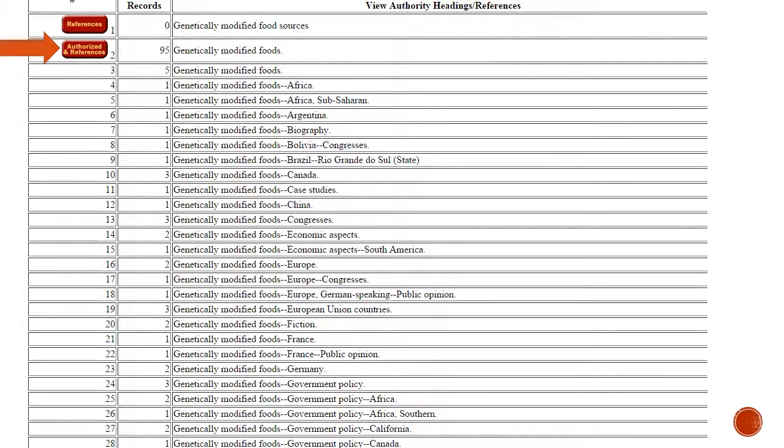And I don't see any for chronology, but there are several for geography, including large areas, Africa, and individual countries like Germany. And notice that the one about France is divided again by a topical subdivision. So this is a book about public opinion of genetically modified foods in France.